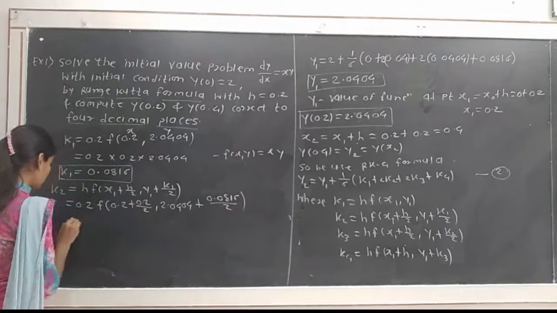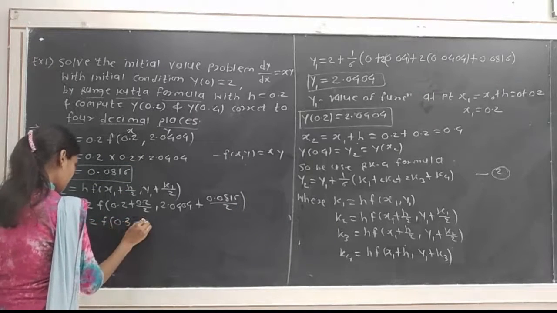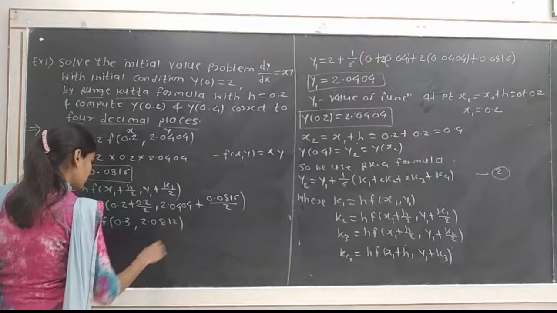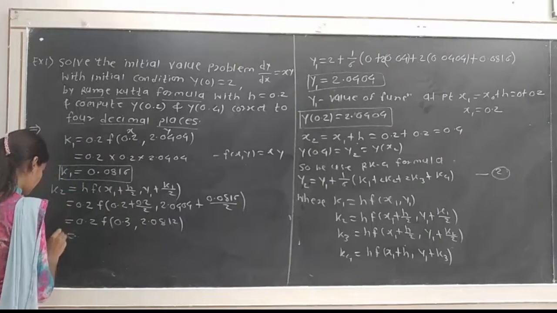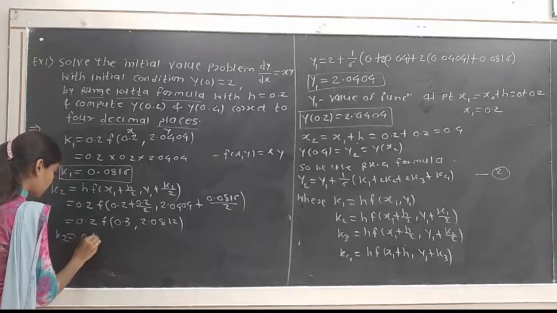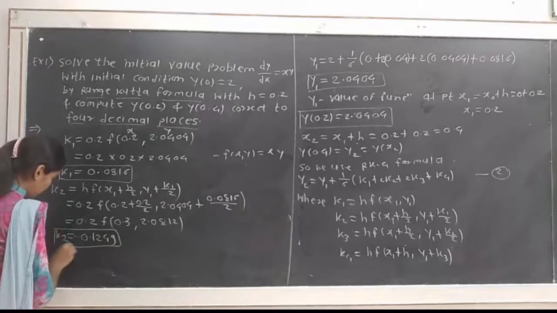So we have to get 0.2 f of 2.2, 0.3 comma 2.0812. After this calculation again we have 0.1249. Okay, so this is the value of k2.